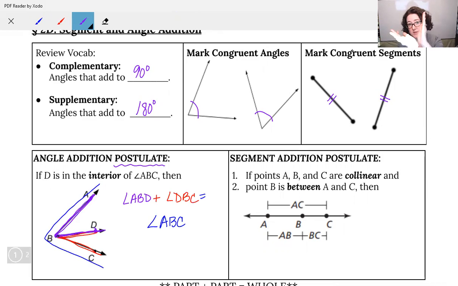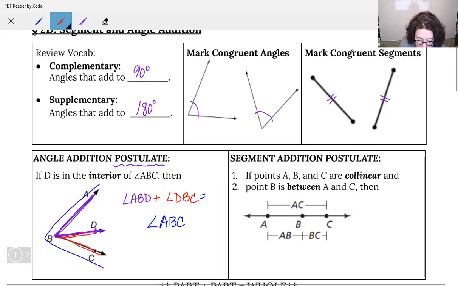And I want to think, what's that opening? That's really the angle that I'm worried about. Same thing, DBC. If I actually take my pen or pencil or finger and trace through point D, then B, then C, kind of traces through the sides of the angle that I'm referencing. Okay, same kind of thing happens with segments.